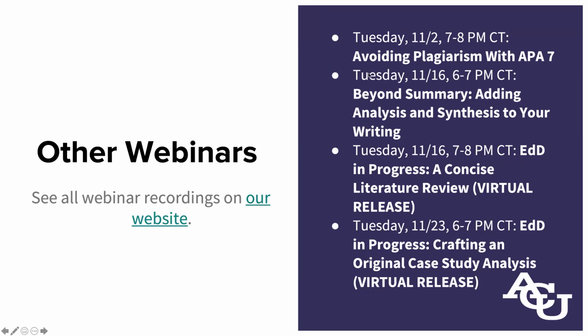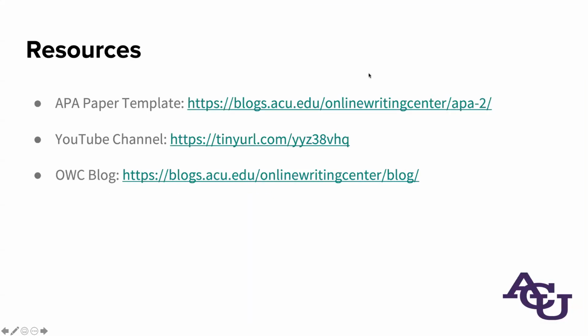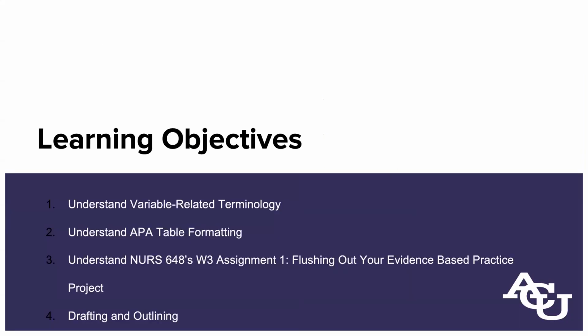All right, let us dive into the main body of our content today. We're going to be working in 4 different sections. First, we're going to review some variable-related terminology. This is not a substitute for doing the course reading. This is a supplement to remind you and to clarify some points of common confusion.